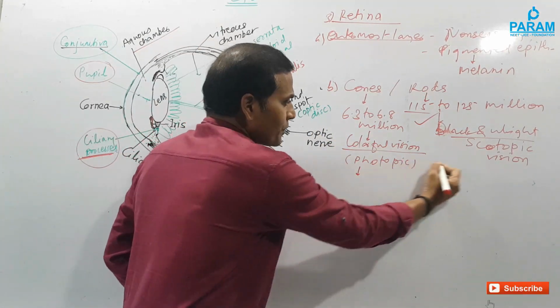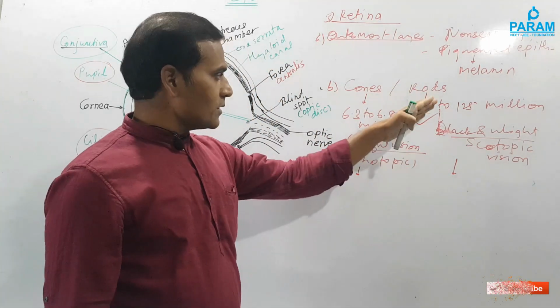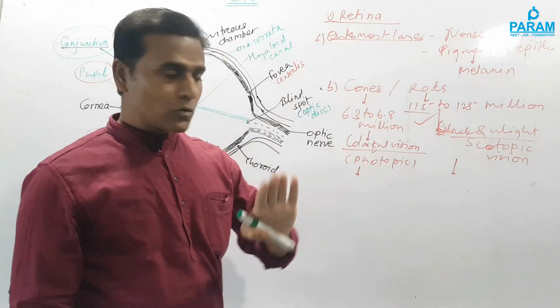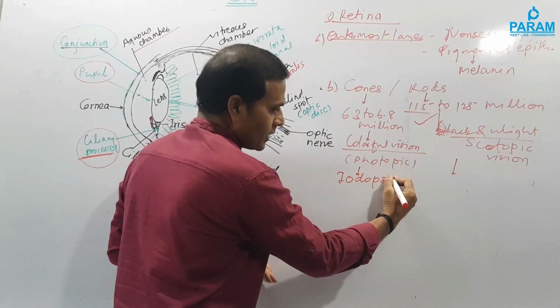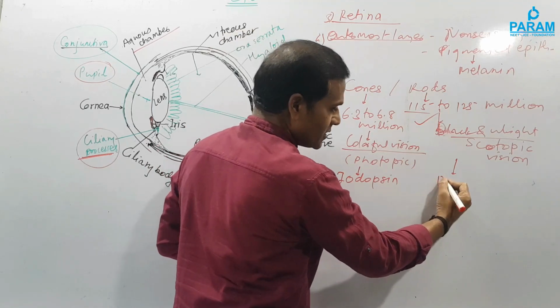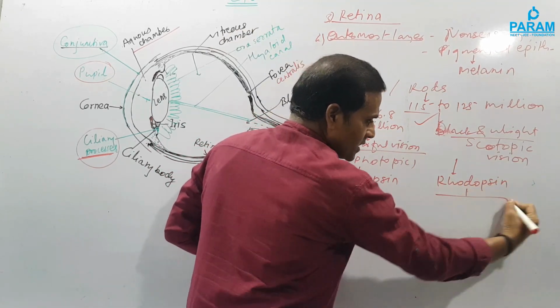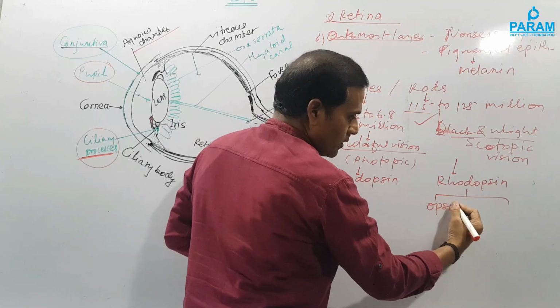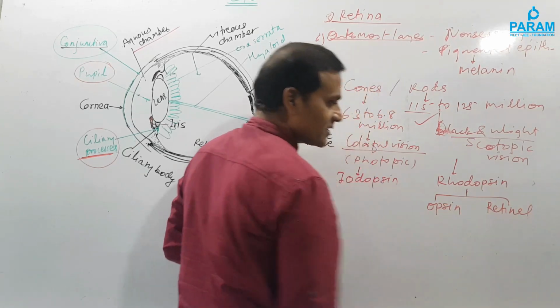So, there is a presence of some pigment. These are the pigmented cells. So, different kinds of pigments are present in rods and cones. In cones, there is a presence of iodopsin, and in case of rods, that is rhodopsin. Now, this rhodopsin is again made up of protein opsin and an aldehyde derivative, that is retinal.